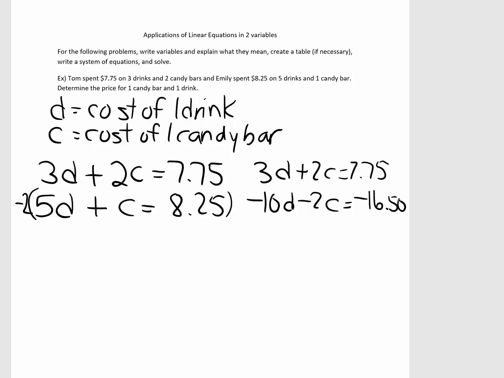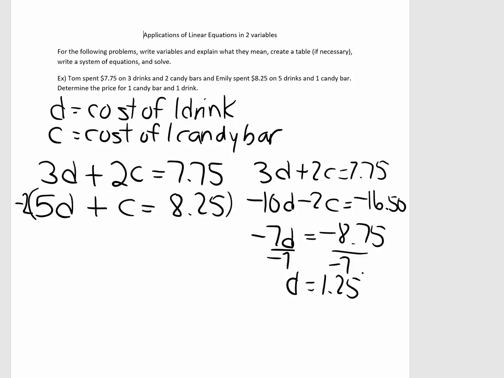And now add the equations. So I have -7D, the C's subtract out, and it's equal to -8.75. Divide both sides by -7, and you have D equal to 1.25.